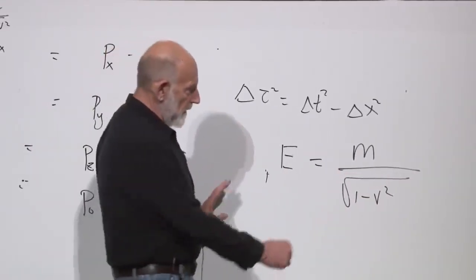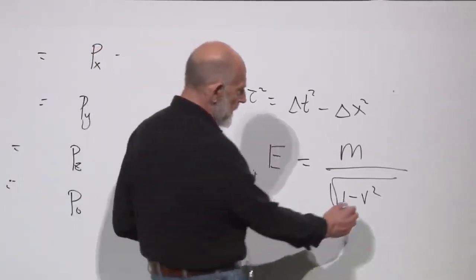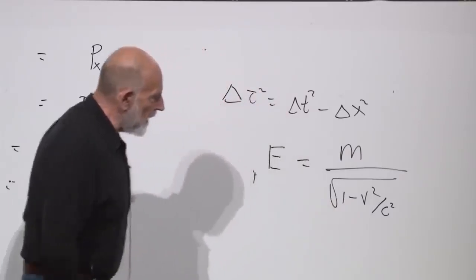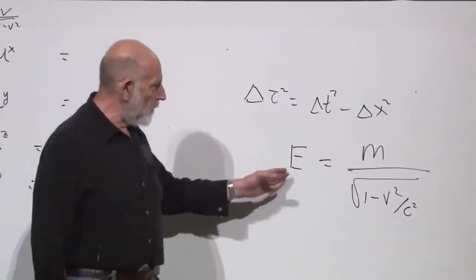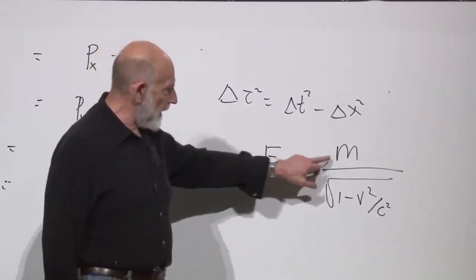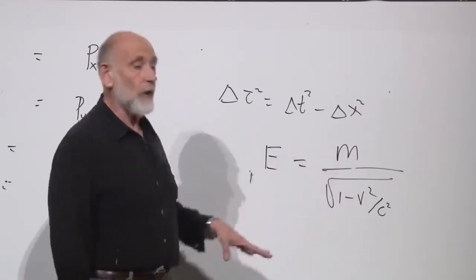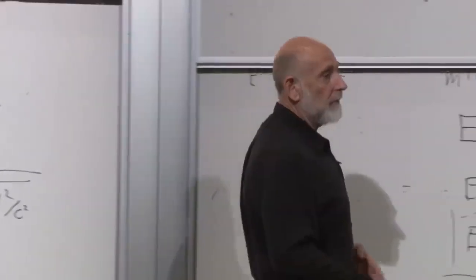The only way to make v squared have the same units as 1 is to divide by c squared. Now the 1 minus v squared over c squared is dimensionally consistent. However, the whole formula is not. The left-hand side is energy. The right-hand side now has units of a mass. Mass and energy don't quite have the same units.